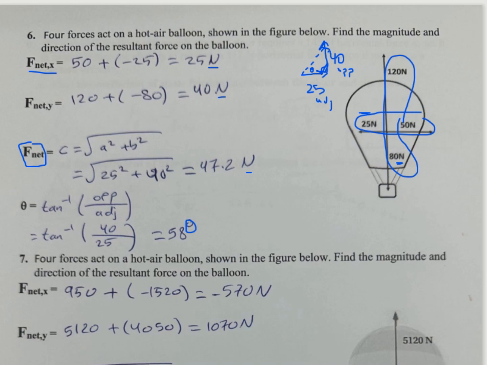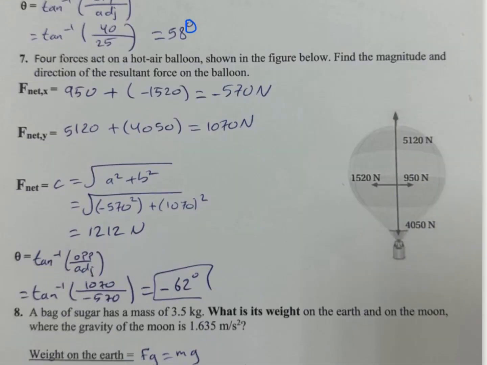Okay, let's go to question 7. It's the same as what we already did in the book, in the chapter review. We have 4 forces, so you have to add the x-axis components together, and then add the y-axis components together, each with their direction, because force is a vector quantity.